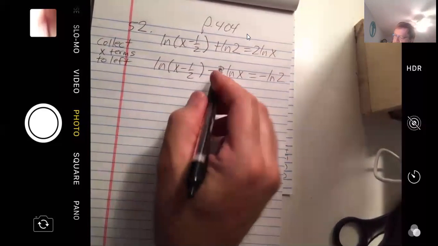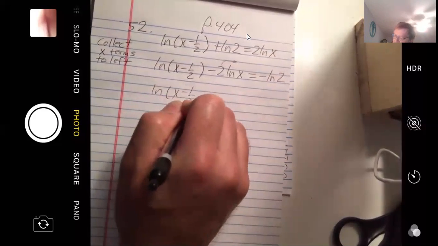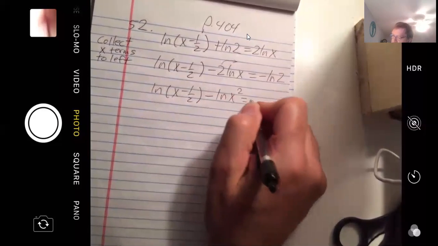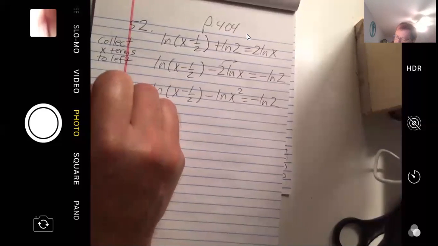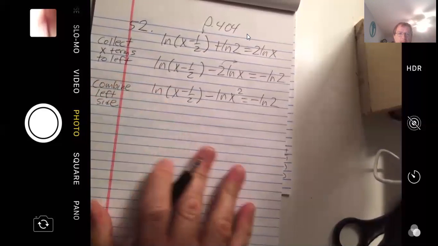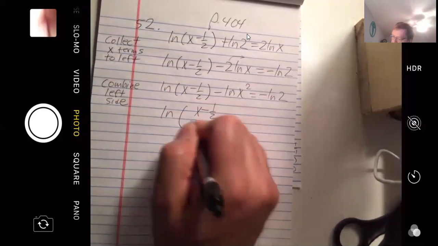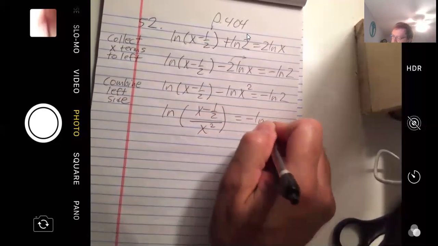Can't combine until you've stuck the 2 up, so that makes ln of x minus a half, minus ln of x squared, equals negative ln of 2. Now I can combine the left side. The positive log stays on top, the negative log term on the bottom, equals negative ln of 2.